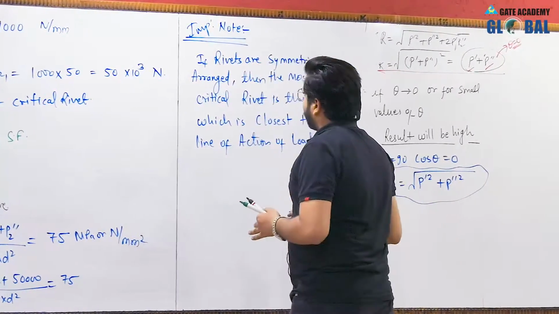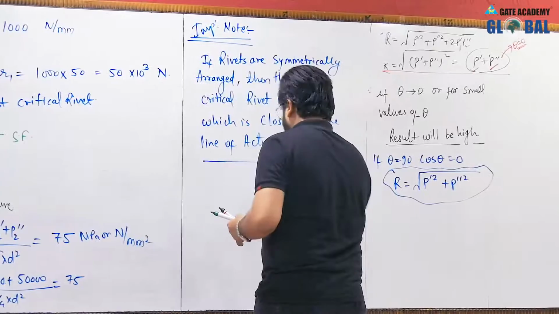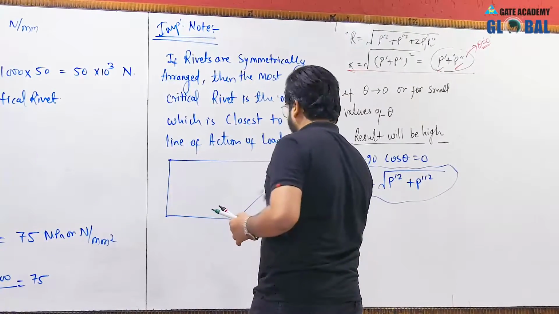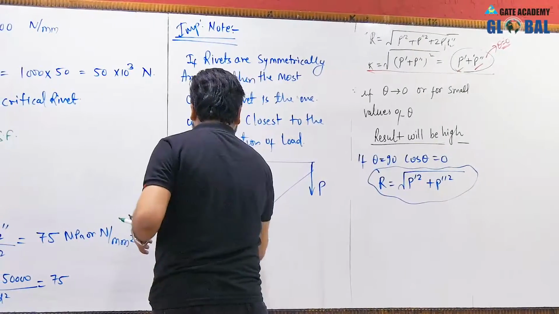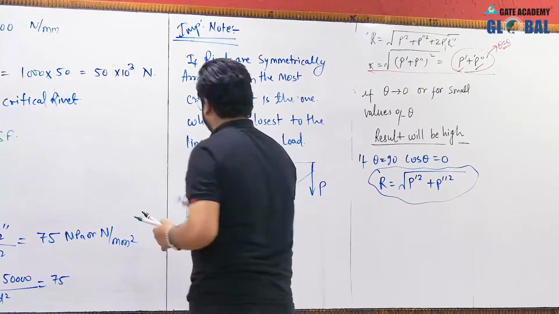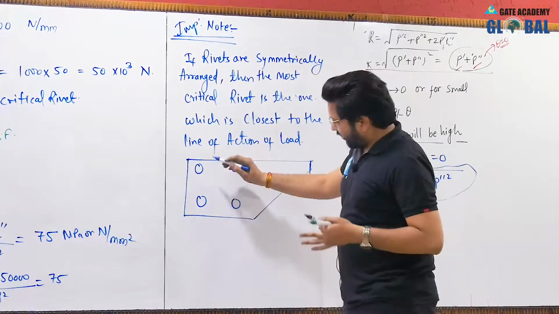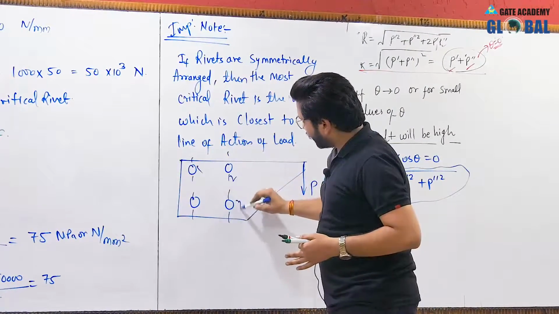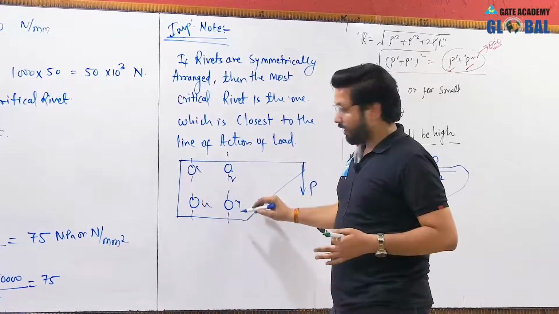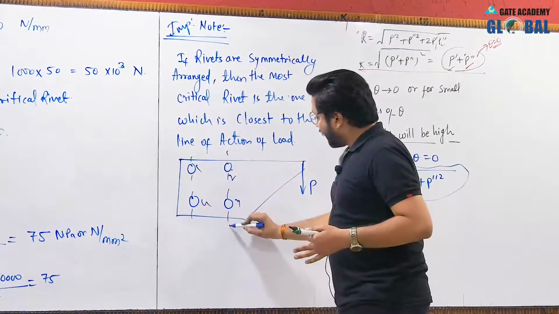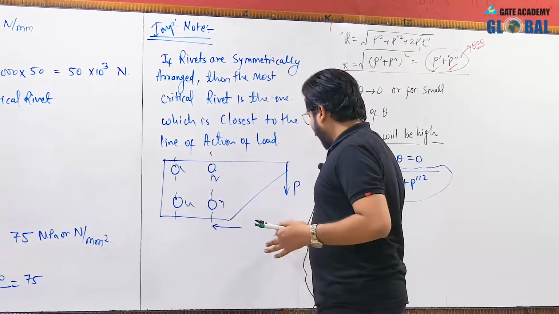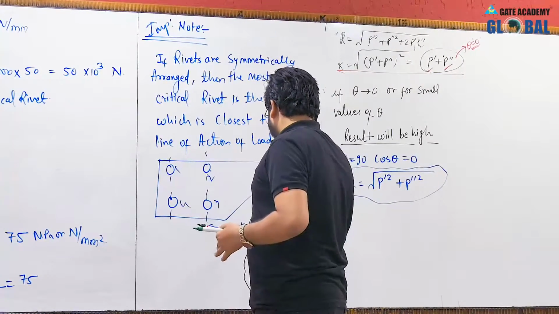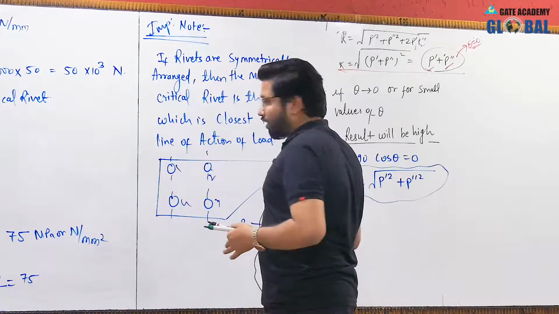So let us say we have a riveted connection like this. Here we have an eccentric load, and here we have rivets like this. If these are rivets 1, 2, 3, 4, then rivet 2 and 3 are closest to the line of action of the load.